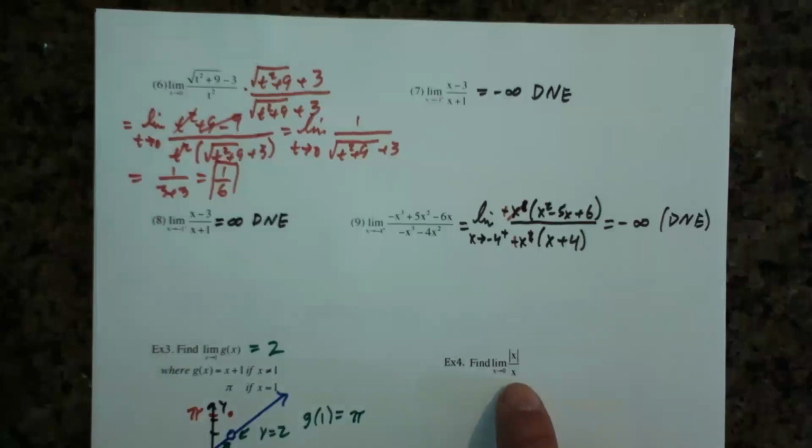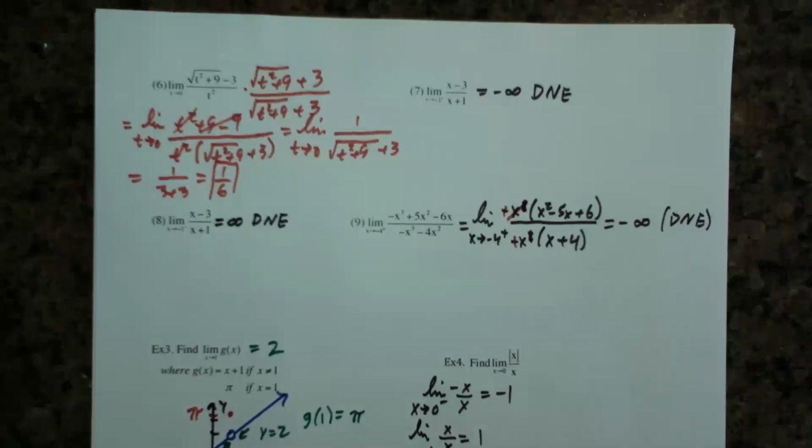as we are looking here, we're going to have to break this up into 2 separate limits. So if I approach this from when x values are negative, this means I'm going to get negative x over x by definition, which is negative 1. And the limit as x approaches 0 from the positive direction is going to give me a positive x over x, which is a positive 1. And here is the problem.